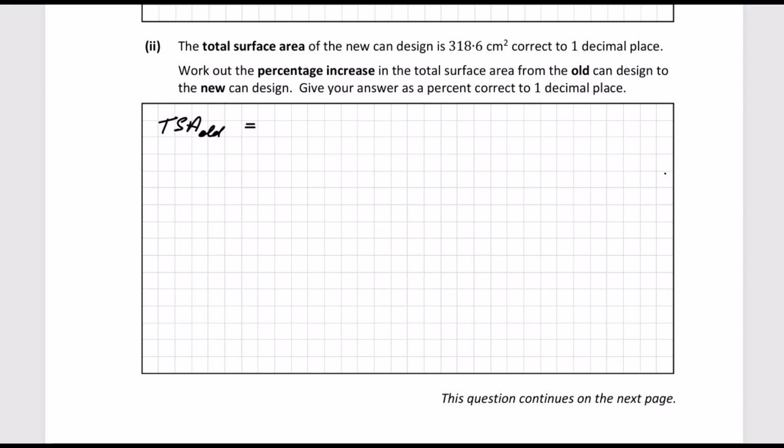If you think about a cylinder, it has two circles, one on the top, one on the bottom. So we need the area of those two circles. The area of a circle is pi r squared. We have two of them, so I've got to multiply by 2.